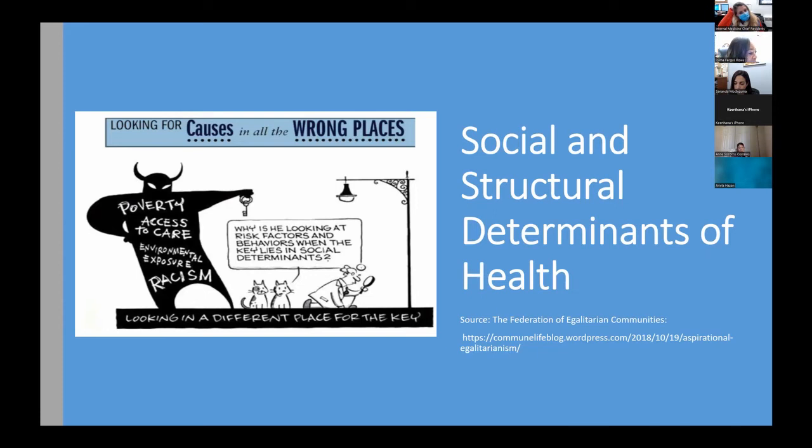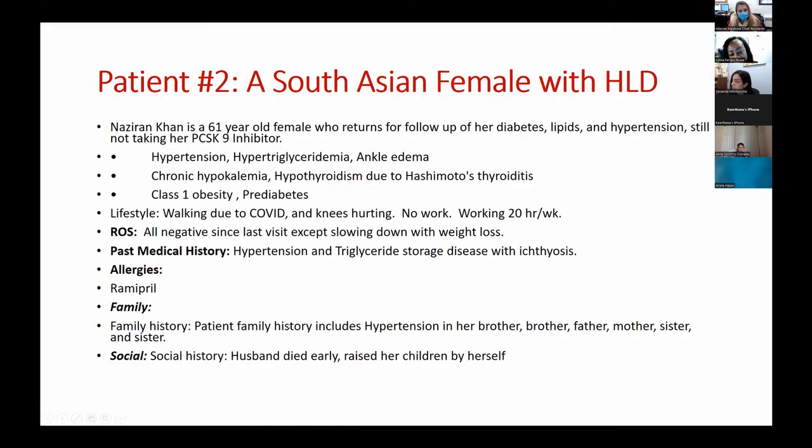So our second case is much less complex, but again, keeping in mind social determinants, for instance, I wanted to just share this. This patient is an Asian female, South Asian, but she's a South Asian from Guyana. And she comes into clinic for follow-up for treatment of her diabetes, lipids, and hypertension.